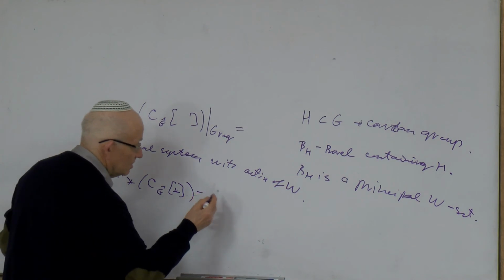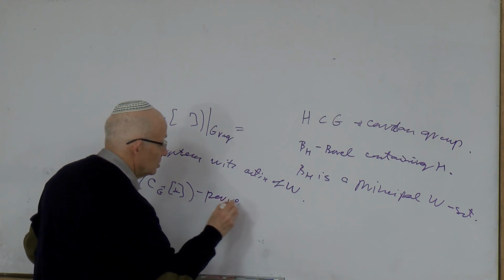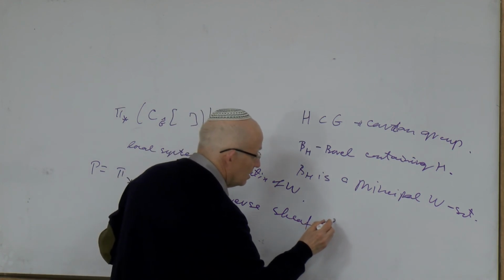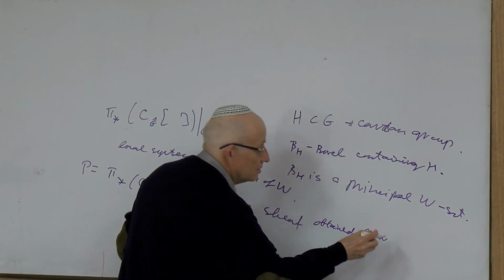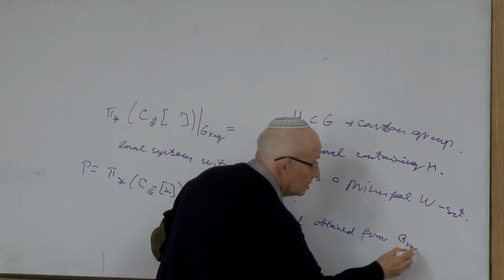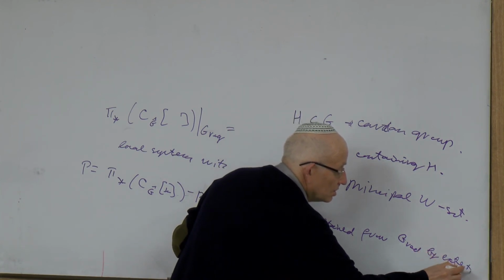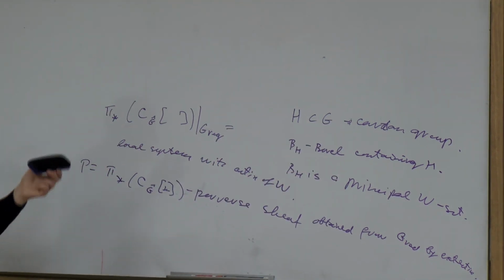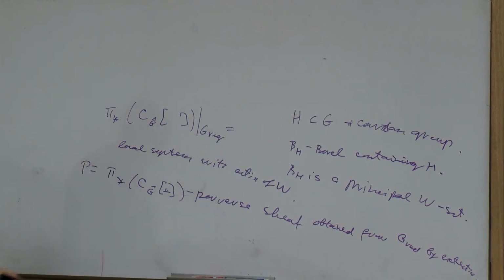Since pi is a small map, this will be a perverse sheaf obtained from this set G regular by intermediate extension. So these are exactly the conditions which I described in the beginning of the lecture. This satisfies all these conditions outside of regular sets. On regular sets, it is okay.